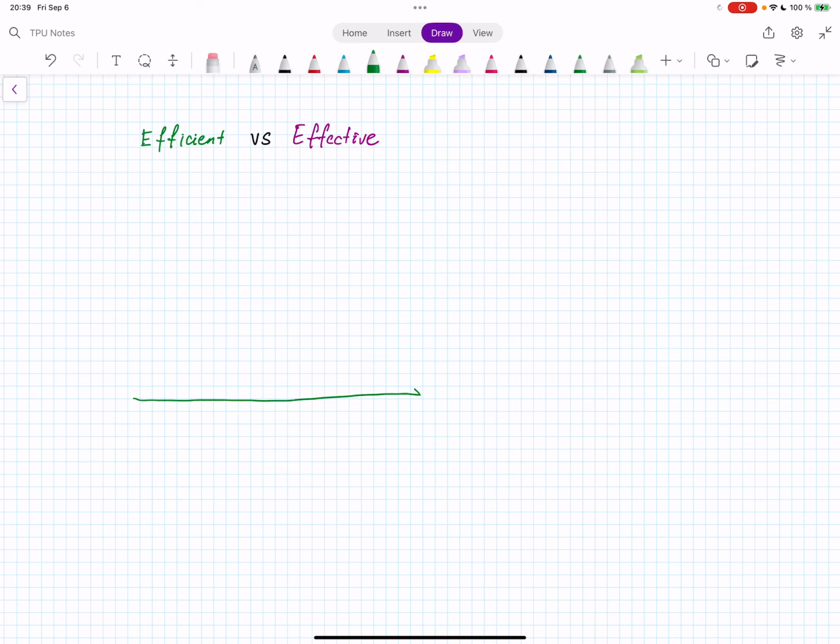In order to express the difference between these two words, I'm going to use a picture. Two arrows. This is an X arrow, which will focus on efficiency.